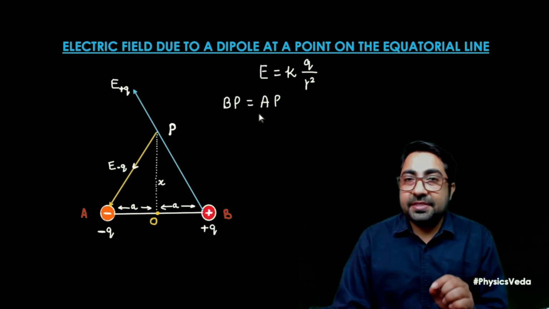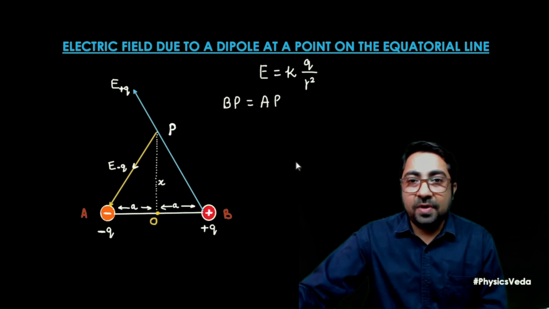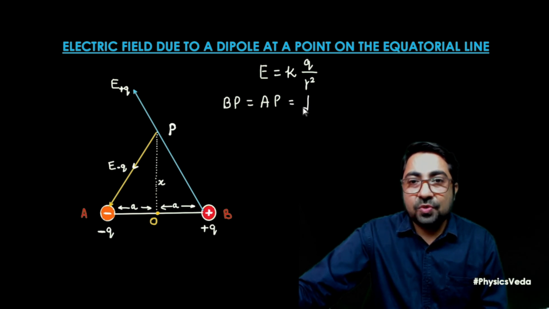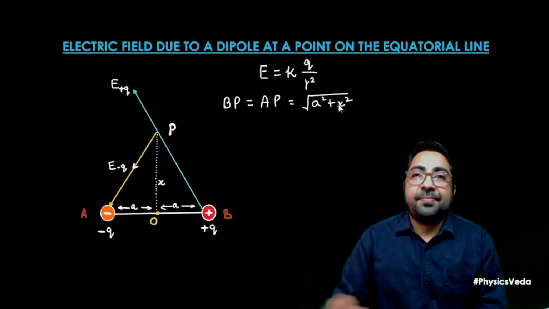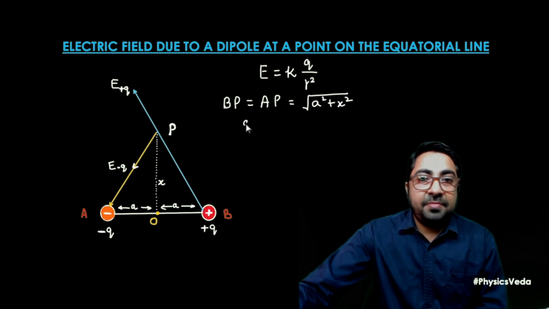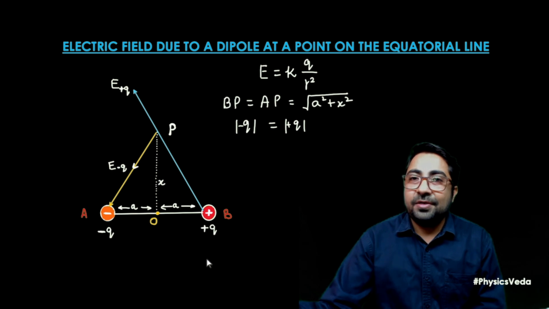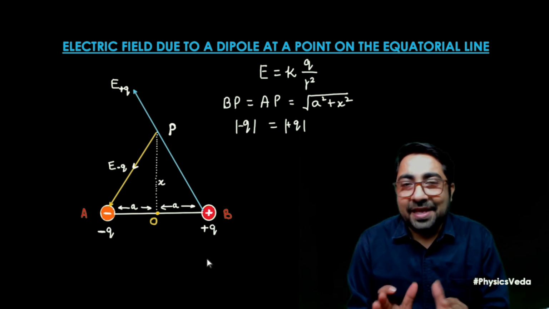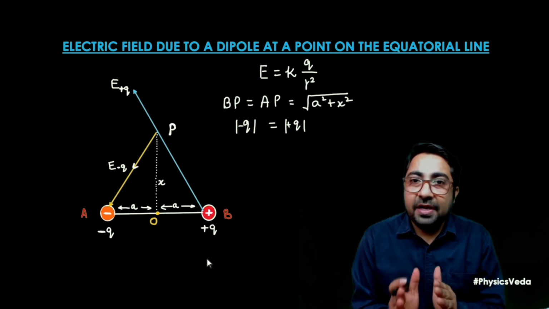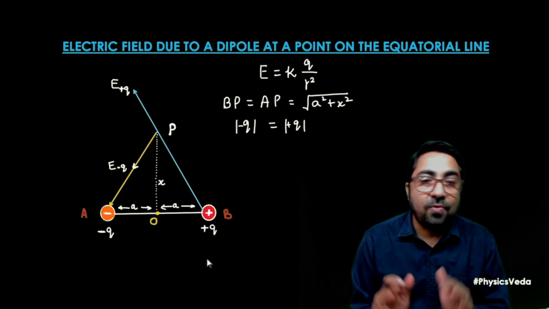So the distances BP and AP are equal, and it is equal to square root of a square plus x square. Also, the magnitude of positive charge and the magnitude of negative charge are equal. So one more thing, it is clear here that the electric field intensity magnitude is equal.